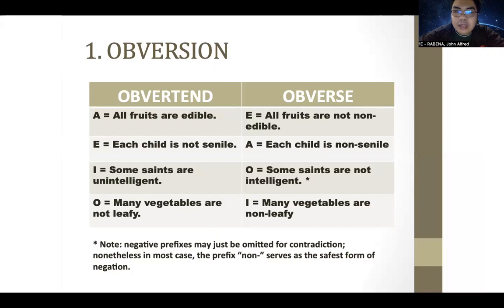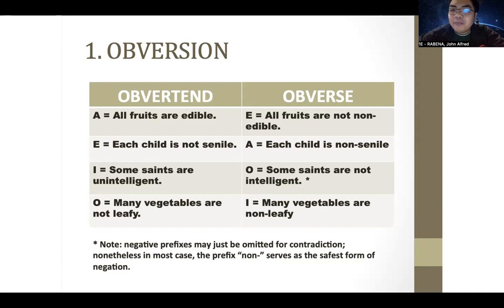If the given obvertent is an E proposition, each child is not senile, the obverse would be each child is non-senile. In an E proposition, the quality is negative, so from is not it will become is: each child is senile. And then you contradict the predicate, senile, which becomes non-senile.